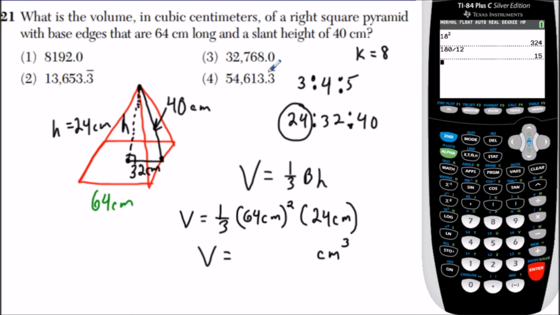They didn't tell us to round to anything in particular. But now we just multiply this all out, so we got 1/3 times 64 squared, and then that quantity times 24. So that's 32,768 cubic centimeters, which matches choice 3.